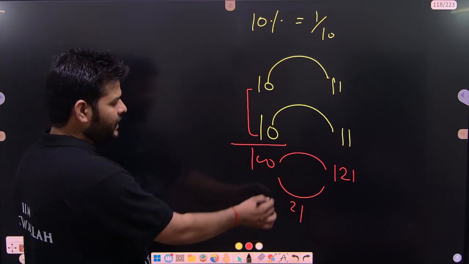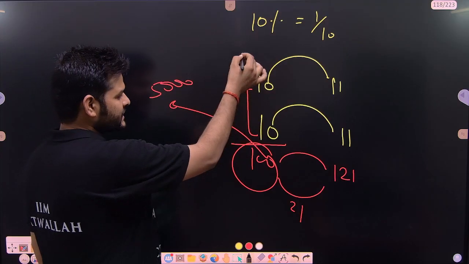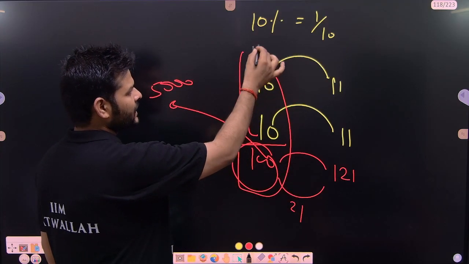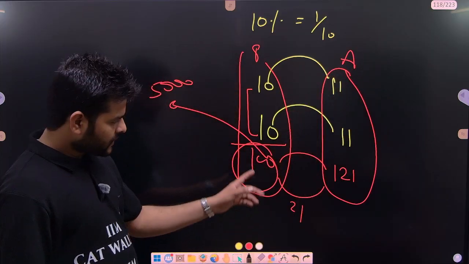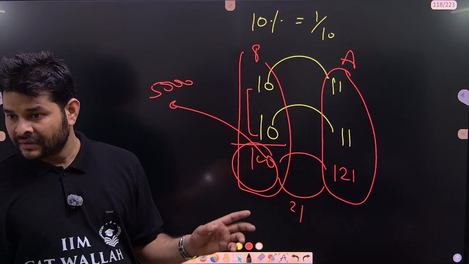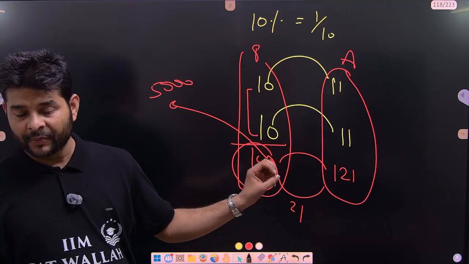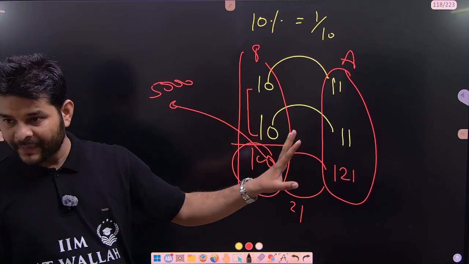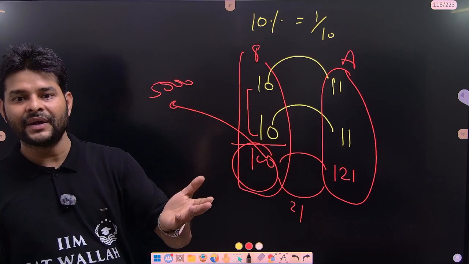So 100 is going to represent 5,000, because this line represents the principal and this is your amount. And the difference between principal and amount is called CI, not SI. This method is not going to plug into SI. This is applicable only in CI. For SI, we have a different formula.